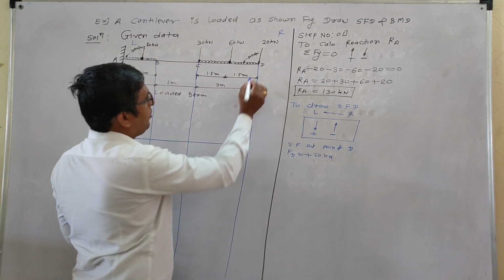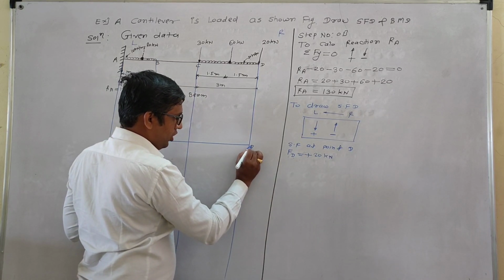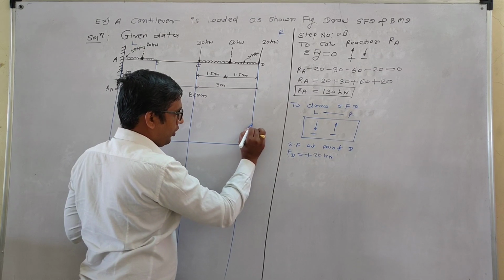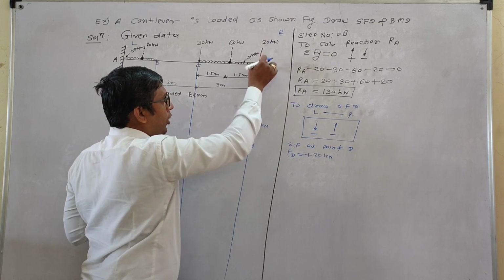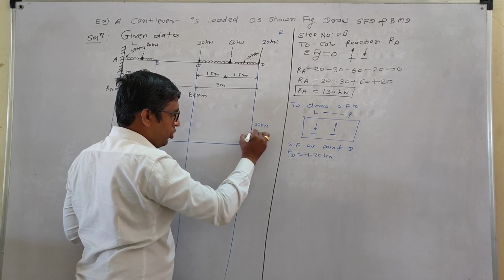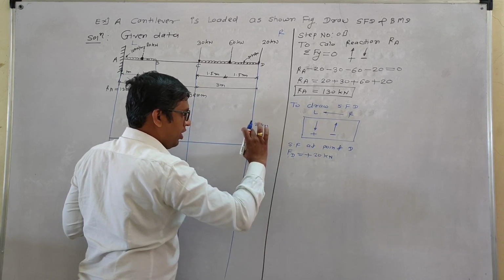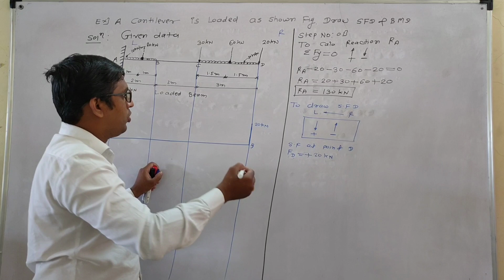Shear force at point D is plus 20. This is the D point. 0, 1, 2, 3, up to the 20. You can take approximately 20 kilonewton point load, then draw the positive line. Why positive? This is the plus sign above the baseline. Clear?